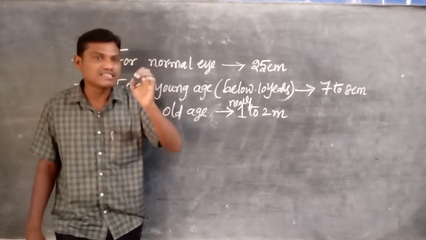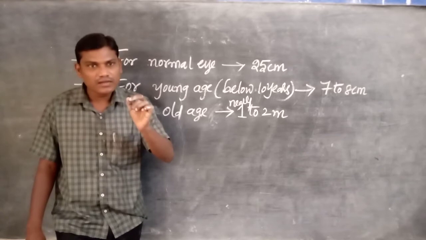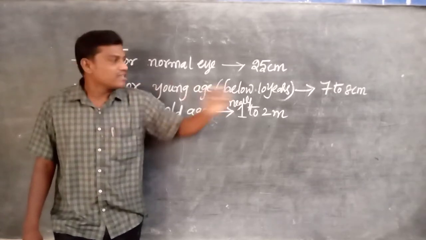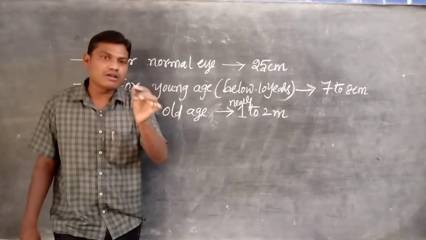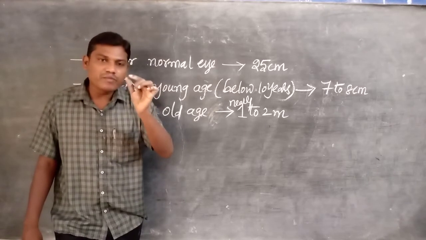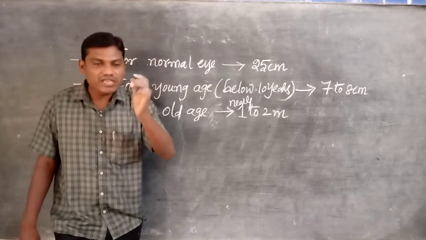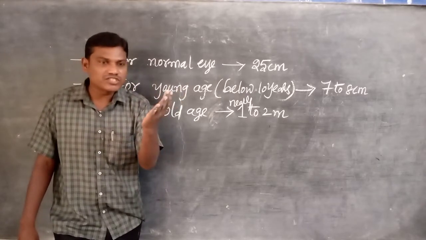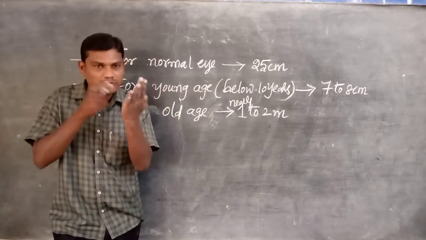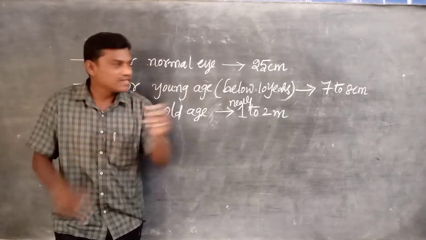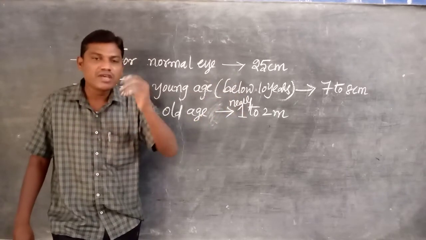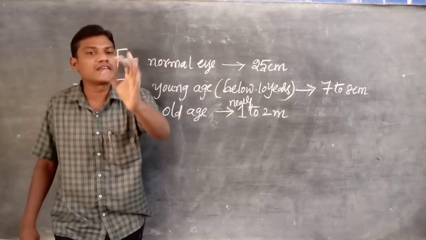Due to that reason, if the distance from the eye to the printed letters is 7 to 8 centimeters, they can also read very clearly.